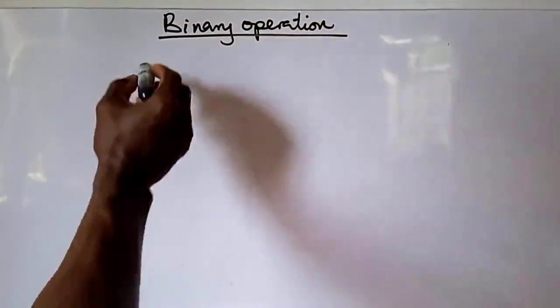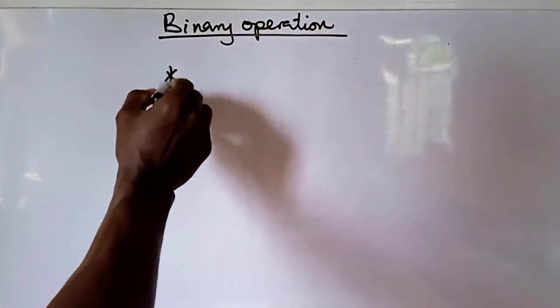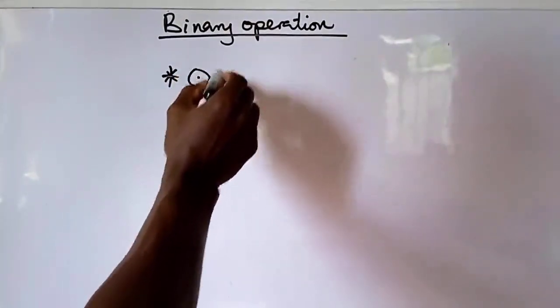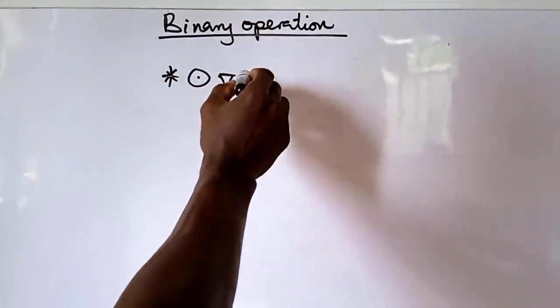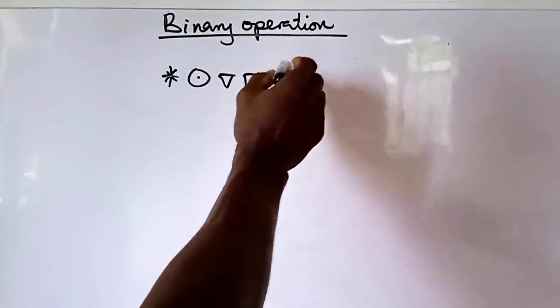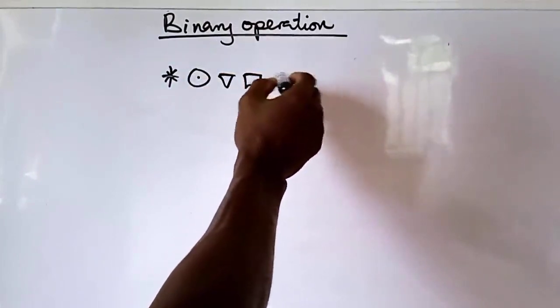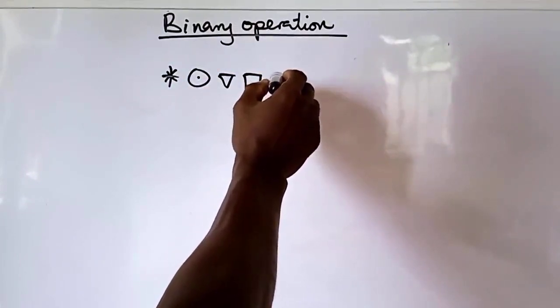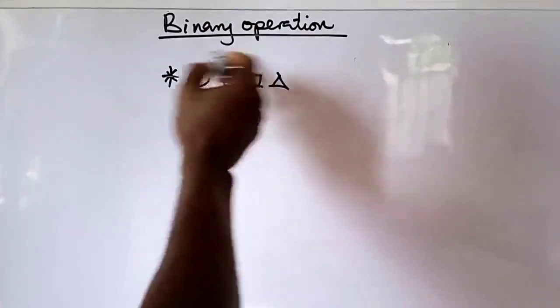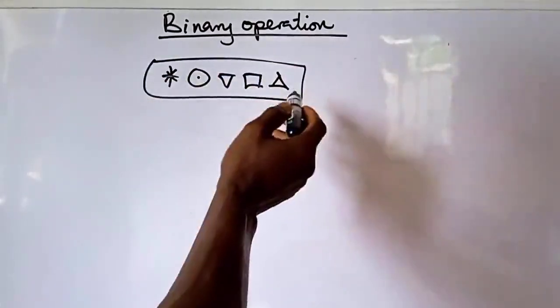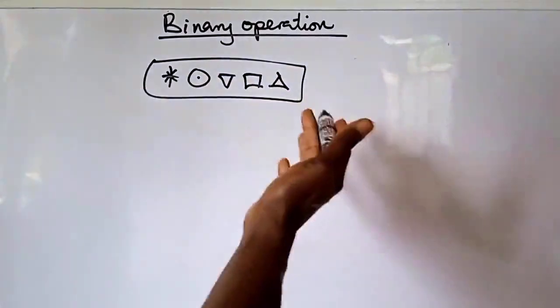Binary operation is denoted by various signs like asterisk, and it can be any of these signs and probably any other sign.